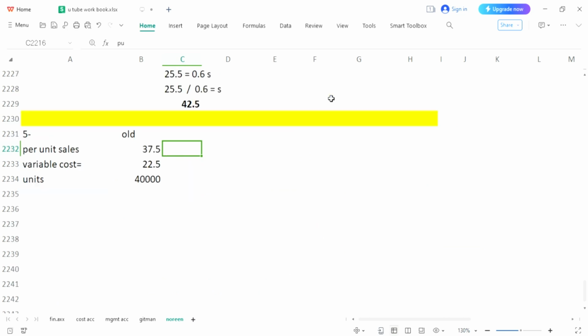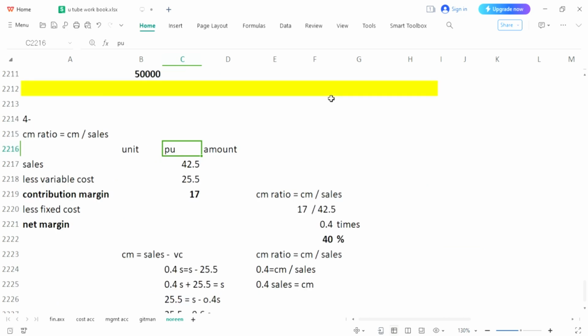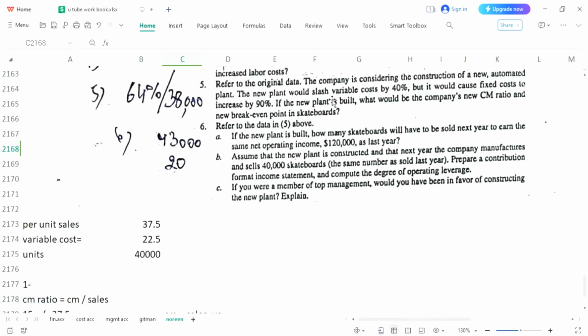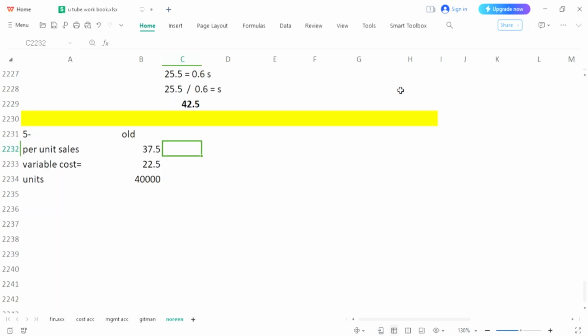So we need to decrease our variable cost by how much? 40%. So 40% of VC would be decreased. How? This is your old VC and we need to decrease it. To decrease, we will subtract how much? 40%. 40% of what? The same VC 22.5, and it would be multiplied by 40%, that means 40 divided by 100.